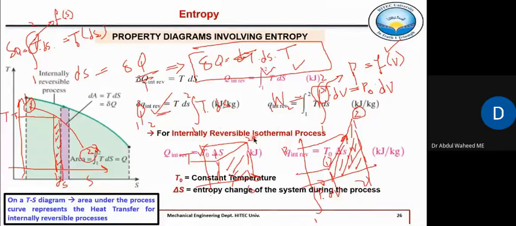At least from the system side, if temperature is constant, then the heat transfer for an internally reversible process is equal to T naught into delta S. Units kilojoules, because heat transfer for 1 kilogram of mass, kilojoules per kilogram, or ये जो S है capital, that will be small s. T naught into, if temperature is constant, then T naught. If temperature is not constant, then we have to evaluate this integral. Right, see, this concept hopefully is clear now.